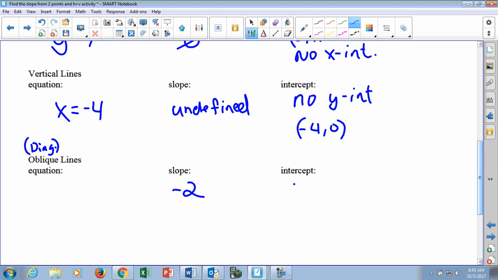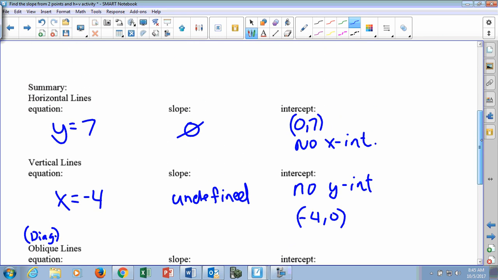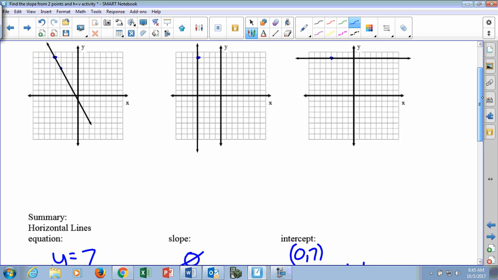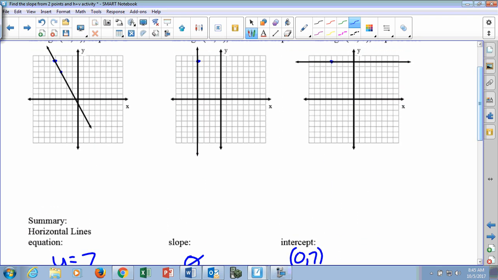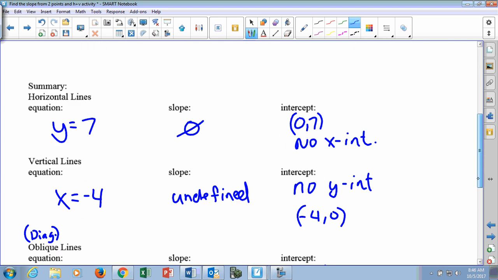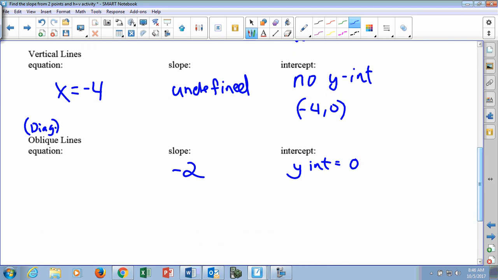What's the y-intercept? 0 what? Not 2. Let's take a look at where this crosses the y-axis. Right there, which is what coordinate? So 0, -1. Good. So its y-intercept is 0, -1.